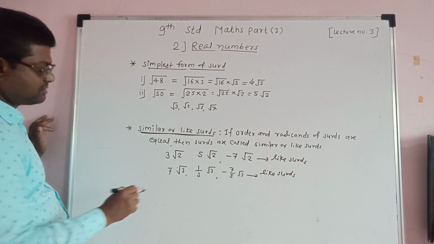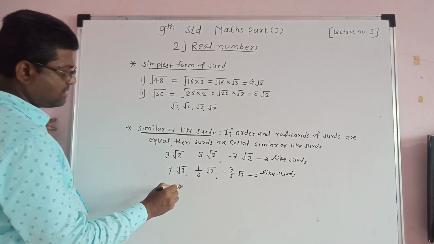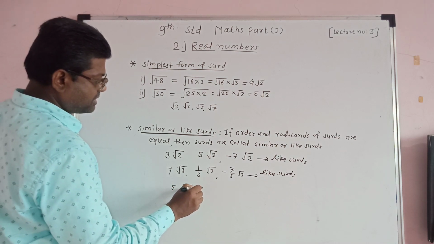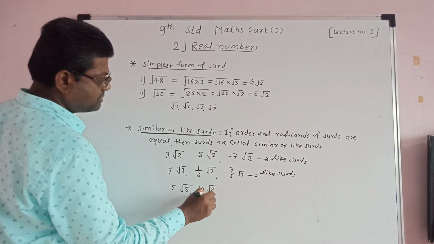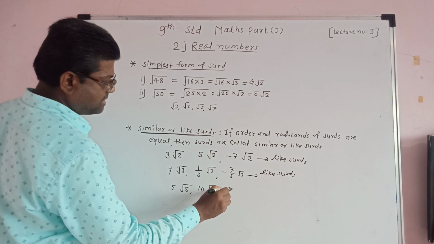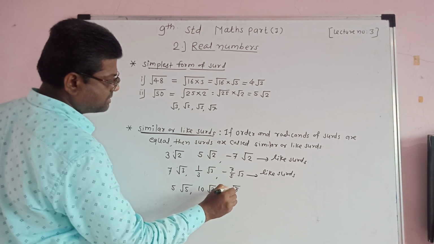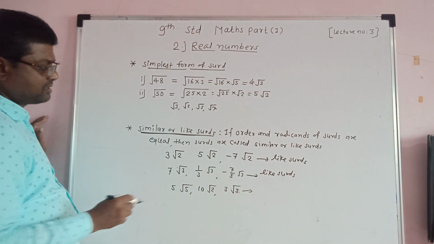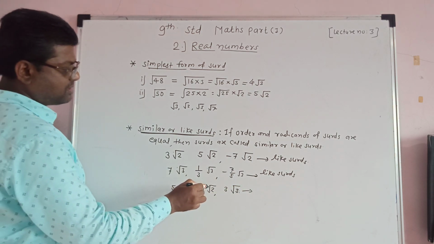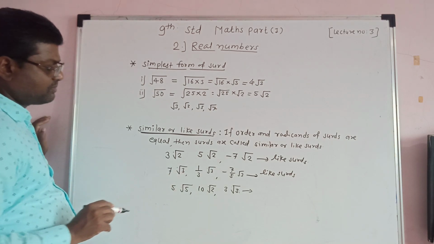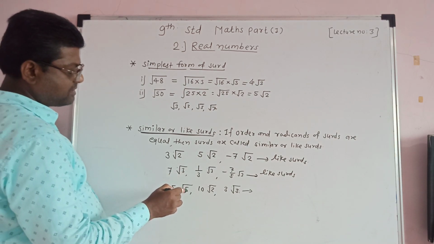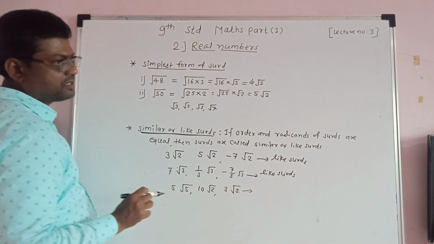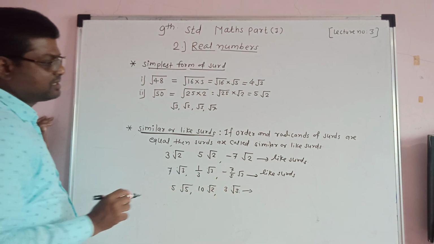Now consider 5 square root of 5, 10 square root of 2, 3 square root of 3. Now let us see. The order is 2, 2, 2. But here the radicand is 5, here the radicand is 2, here the radicand is 3. The radicands are different.